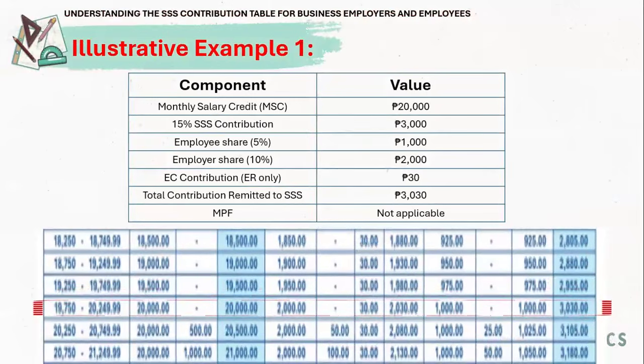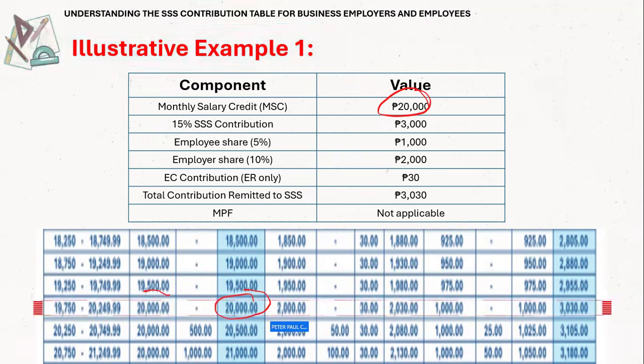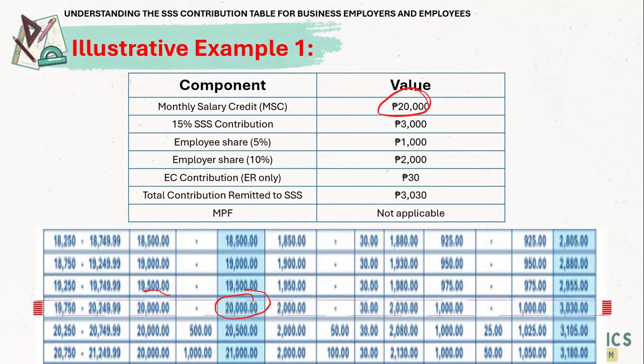Now, for illustrative examples, let's have examples on how to compute the contribution. So, if your contribution is 20,000 pesos, looking at the table, your SSS contribution, you get 15% of 20,000.